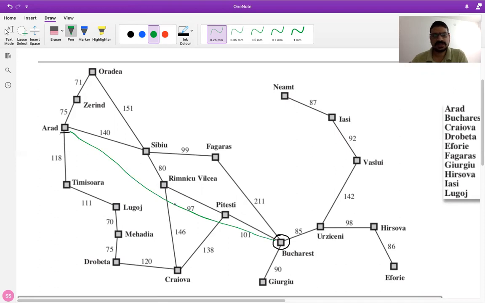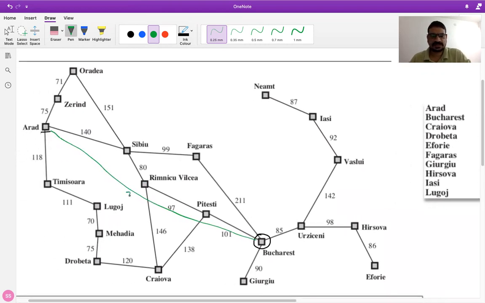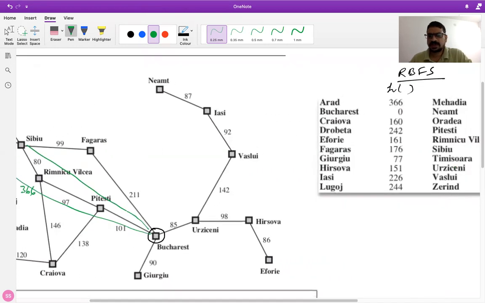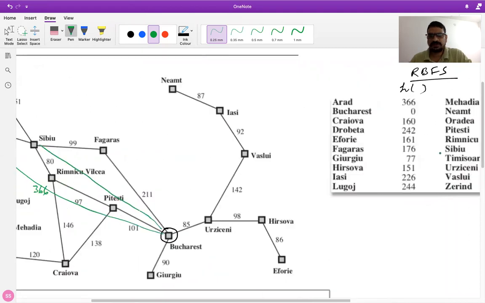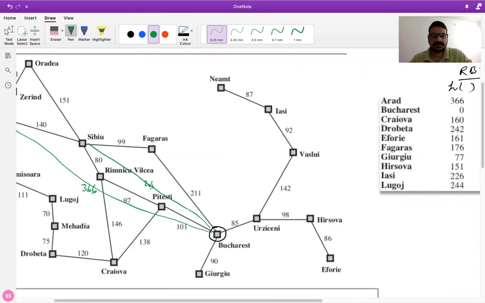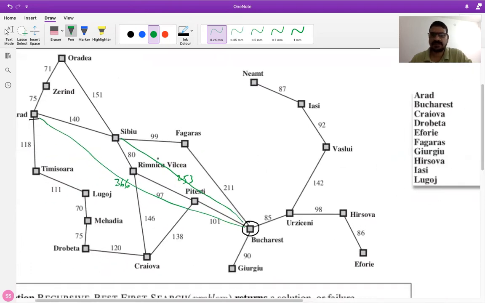If we draw a straight line from Arad to Bucharest, the cost of that line is taken as the heuristic value, which is 366. Likewise, from Sibiu to Bucharest in a straight line, the heuristic value is 253.